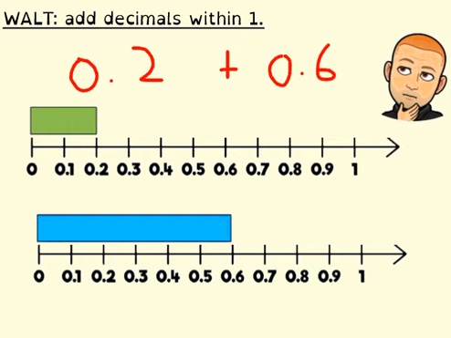So you could either pull that down here and put it like that, or you could have pulled the 0.6 and added it to the 0.2. In the end, we got to 0.8, which hopefully we were confident with a moment ago anyway. But when you're adding tenths, because that's what it is, isn't it? 0.2 is 2 tenths, add 6 tenths. I'm visualizing that number line in my head.